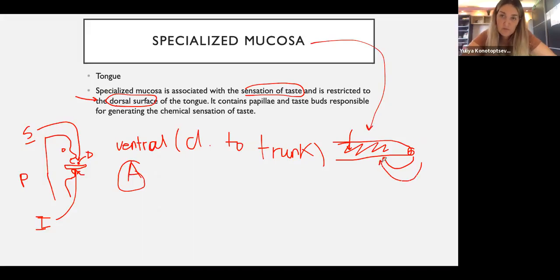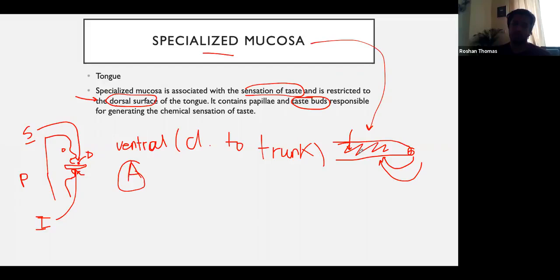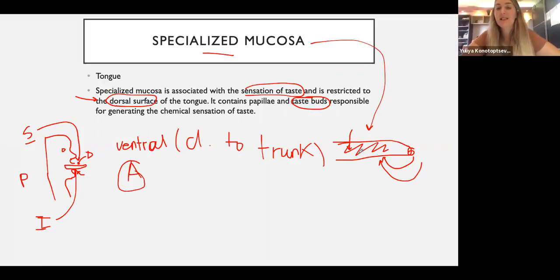The ventral one is the lining mucosa. Specialized mucosa is very special. Why? Because it possesses taste buds. So a question you're going to see in the self-control test, taste buds are present on the ventral surface of the tongue, correct? No. False. It's not correct because the ventral surface of the tongue has lining mucosa, and lining mucosa does not have any taste buds.